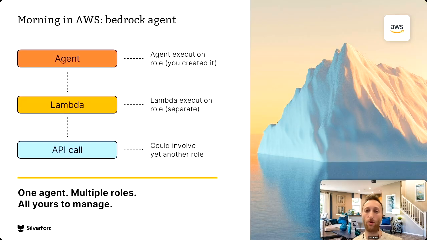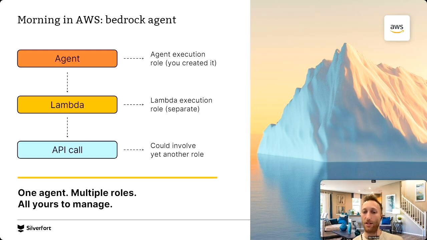So let's see what's going on in AWS. In Bedrock, the agent has an agent execution role. I guess you all know that. And that's the primary identity you created. But if the agent is using any tools, and sometimes those tools, for example, can be implemented on top of Lambda function, the agent is actually using an indirect role, the Lambda execution role, right?